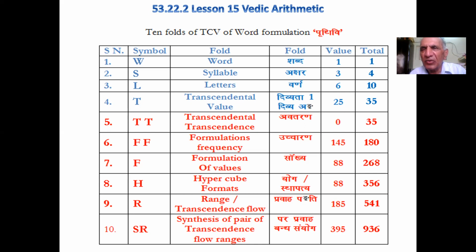Then the total value column gives us values 1, 4, 10, 35, 35, 180, 268, 3, 5, 6, 5, 5, 4, 1, 9, 3, 6.